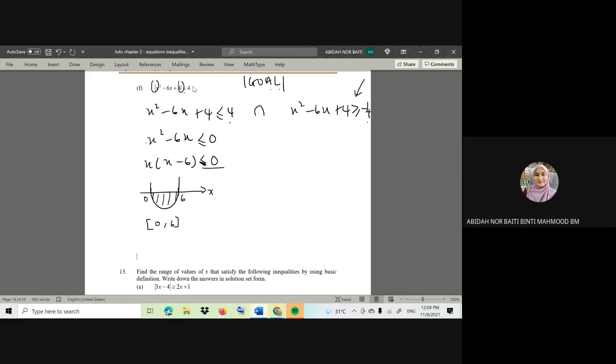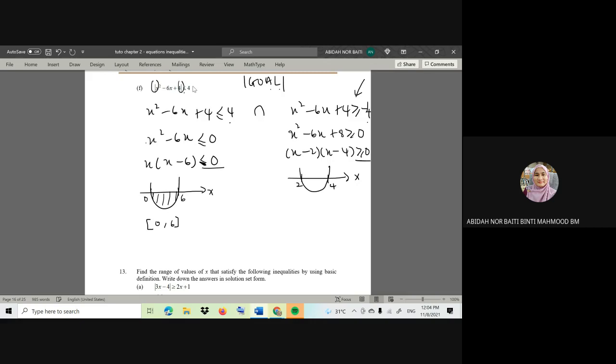It is the same for this side. X squared, rearrange. Negative 6x plus 8 is greater than or equal to 0. This is quadratic inequalities. We factorize. Your A is positive, so it opens upward. Your two values of x are 2 and 4.